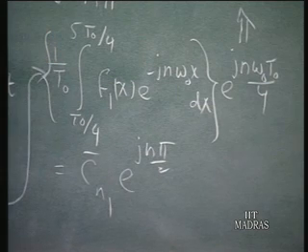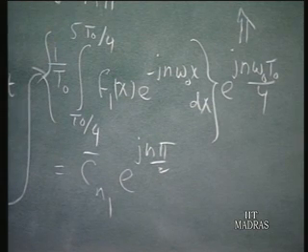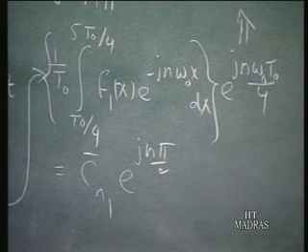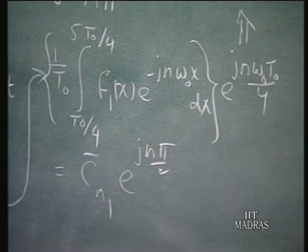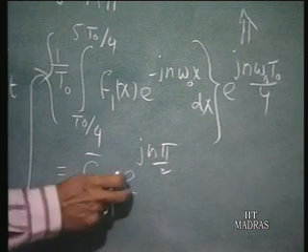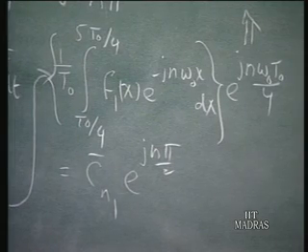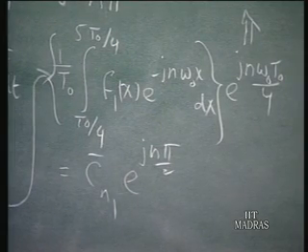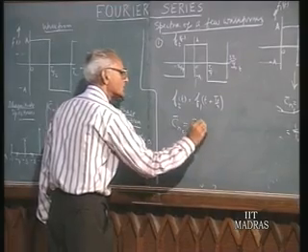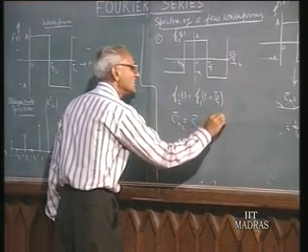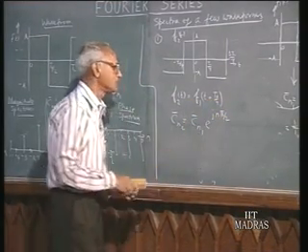So e power jn pi by 2 has a magnitude 1, and its angle of course depends upon the value of n. So Cn2 happens to be equal to Cn1 e power jn pi by 2.